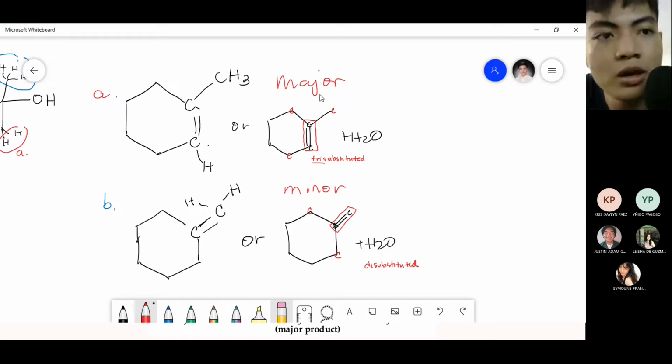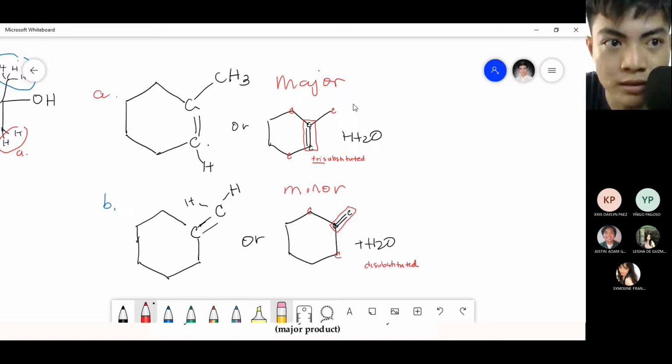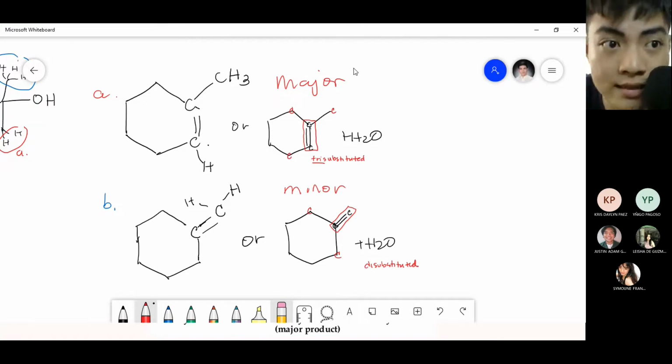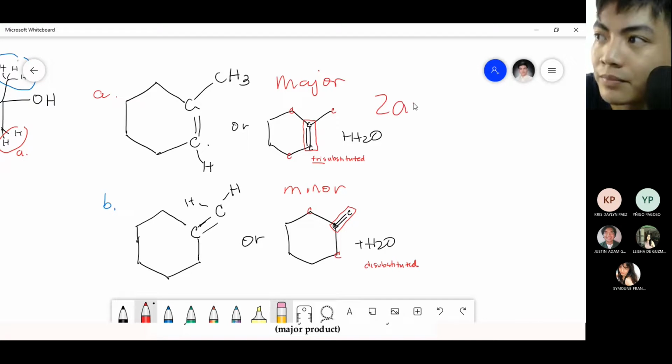So again, the major product is the alkene that is more substituted. Ang meaning ng more substituted, mas maraming carbon na nakadugtong sa alkene. In this case, tatlo. Ito, dalawa lang. So ano tawag ulit kapag major product? Zaitsev. Okay? Ano tawag kapag minor?